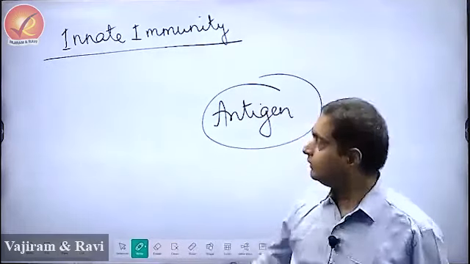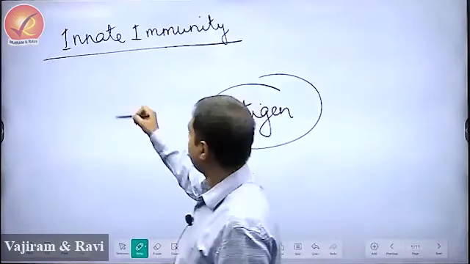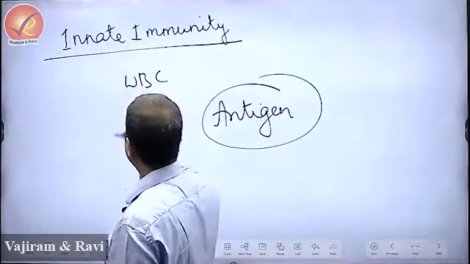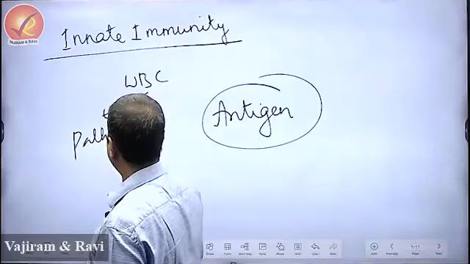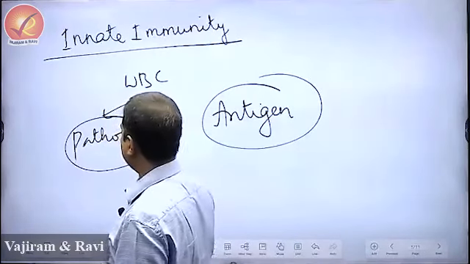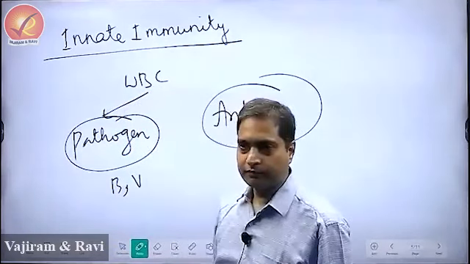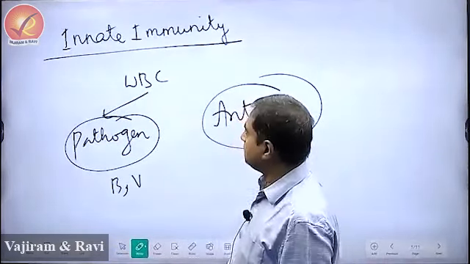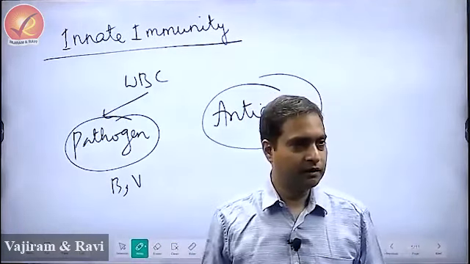Similarly, immunity means our white blood cells acting against a pathogen, which could be bacteria or virus. Our white blood cells should not attack our own kidney cell, liver cell, heart muscle cell.